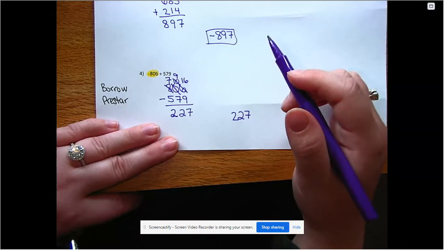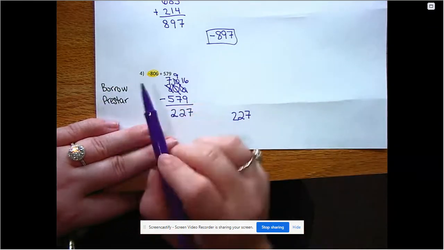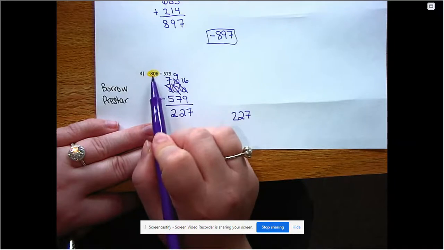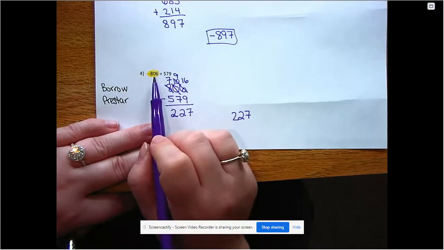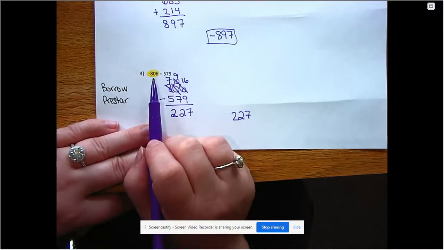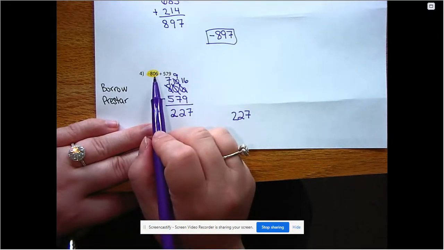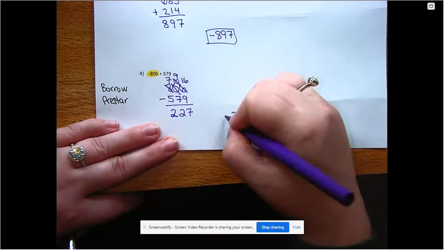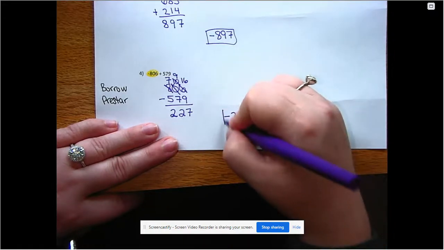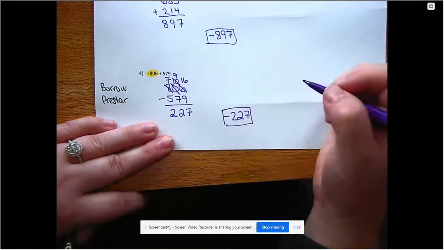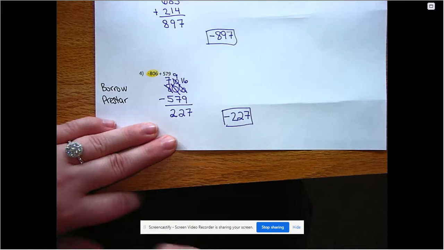We have to look at the sign of the bigger number. The bigger number is here in yellow. El número más grande está aquí en amarillo. And this number is negative. Este número es negativo, and for that, our final answer is negative. Y por eso la respuesta final es negativo.